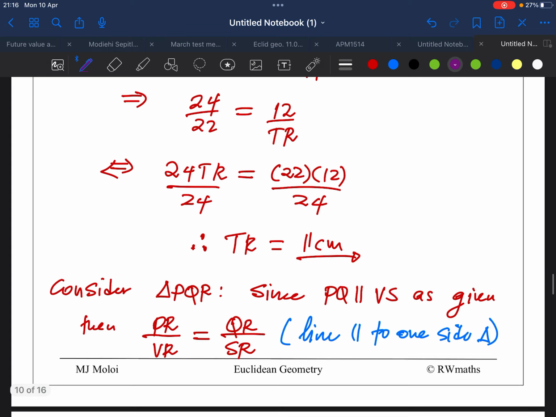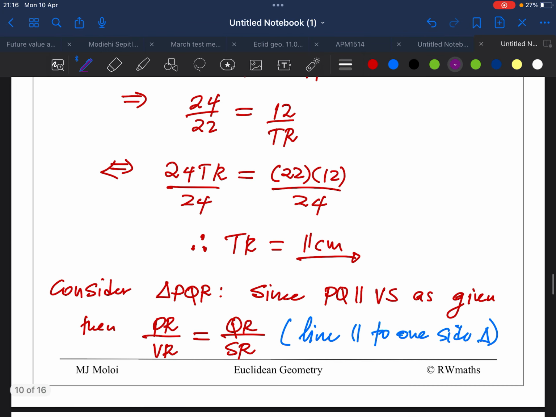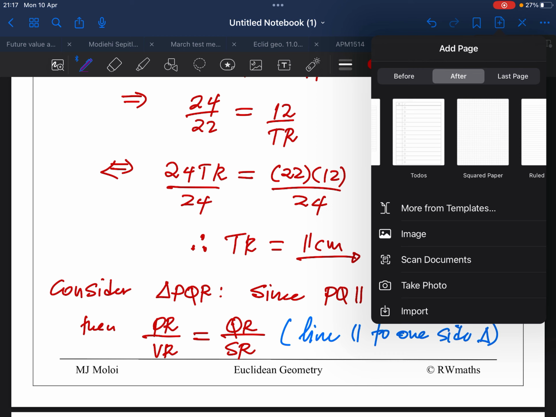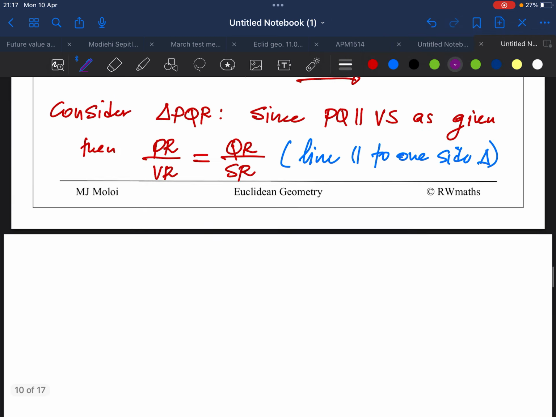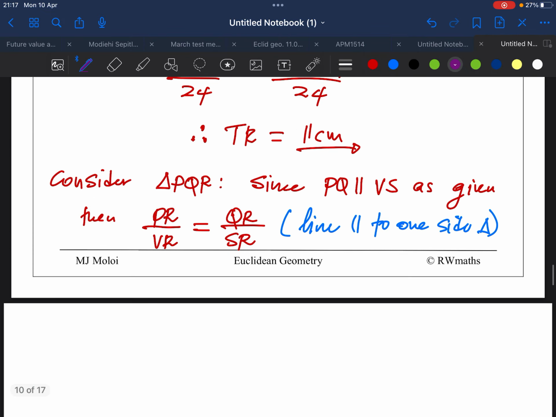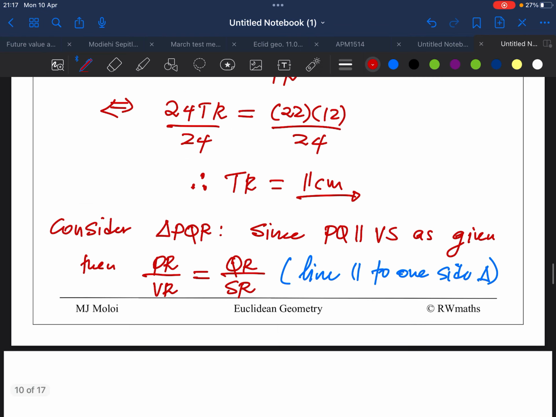So now we will proceed. Sorry, let me just put an extra page there. Sorry about that. Yes. So now we have our extra page. So now if we proceed with this one, what is PR?